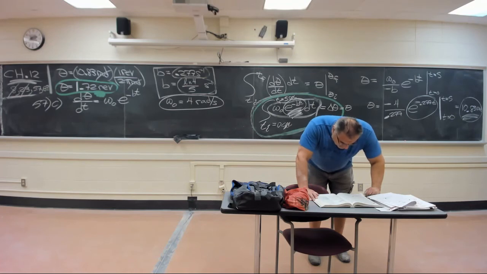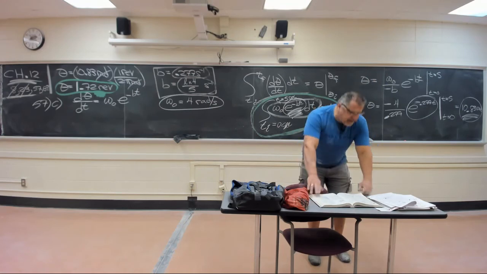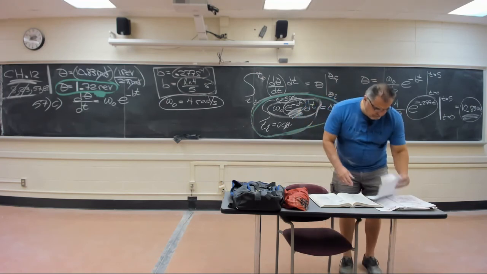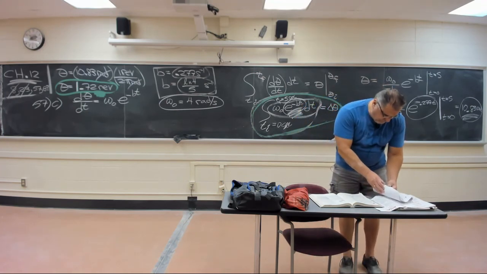The propeller of an aircraft accelerates from rest with an angular acceleration, alpha equals 4t plus 6, where alpha is in radians per second squared, and t is in seconds. What is the angle in radians through which the propeller rotates from t equals 1 second to t equals 6 seconds? Okay, so let's see that.